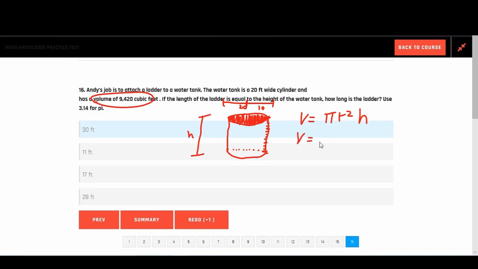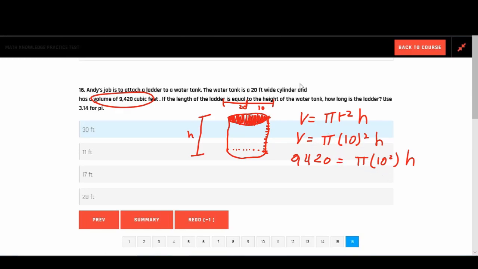So this volume becomes pi, radius is 10, 10 squared times height. We're also given the volume, so let's go ahead and plug that in. 9,420 equals pi times 10 squared times height.